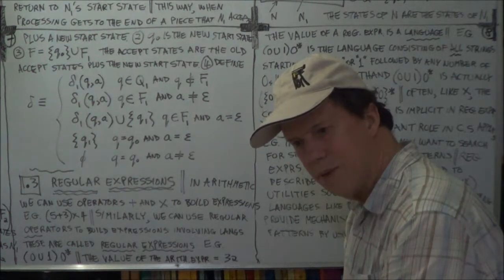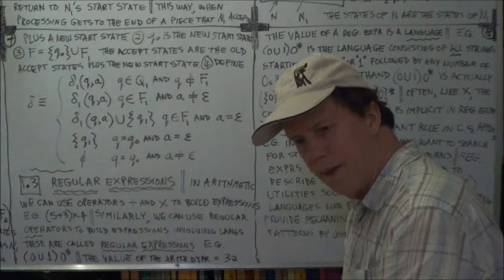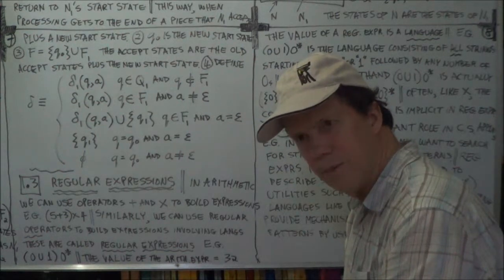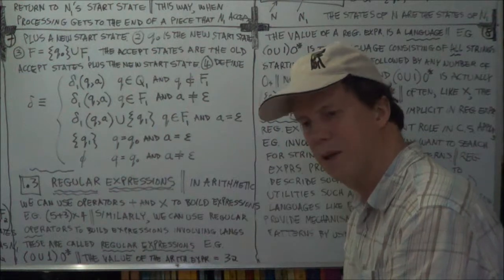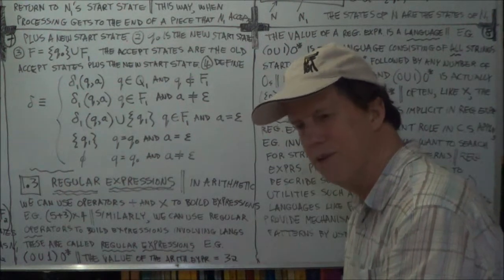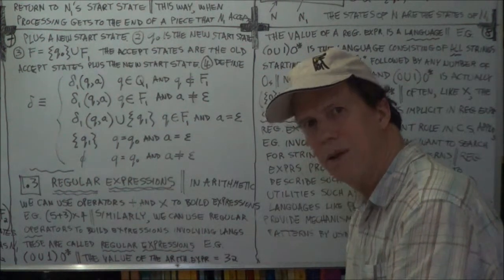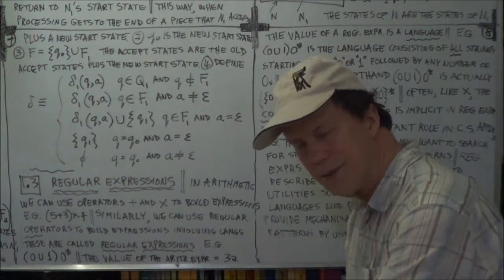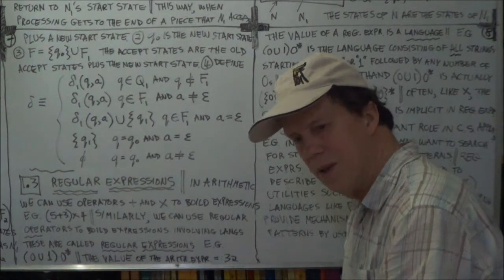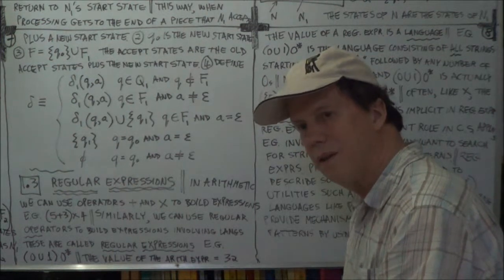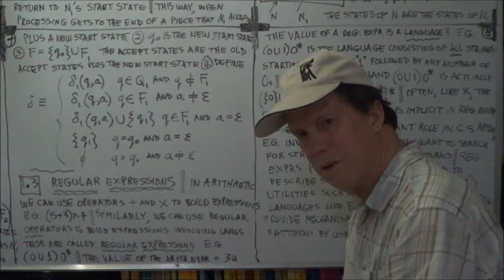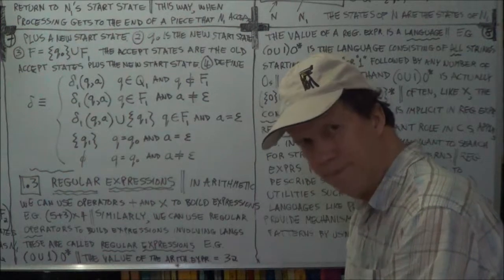So that means that any language you take from the class of regular languages, when you star it, the result is still a regular language. Therefore, that class of regular languages is closed under the regular operation called star.